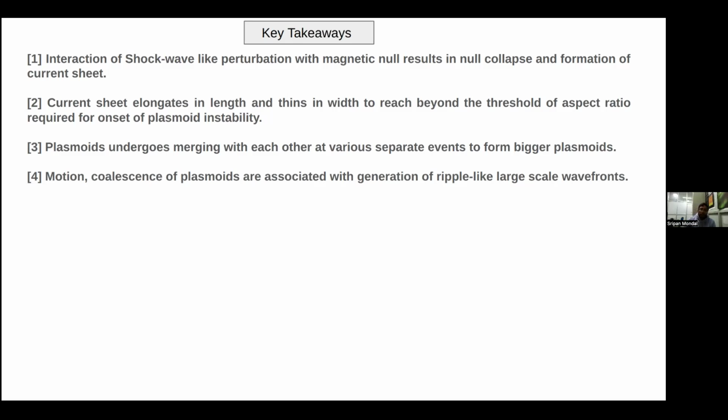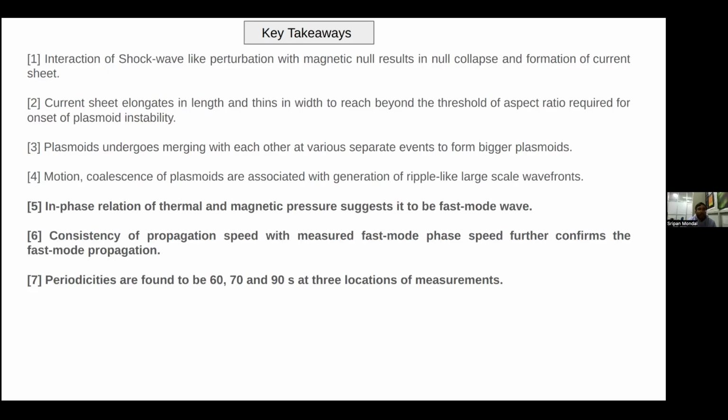Then we found that there is an inverse relation between thermal and magnetic pressure. Also, the propagation speed is consistent with the measured fast mode speed. These two confirmations suggest that the waves generated in our simulation are fast mode in nature.